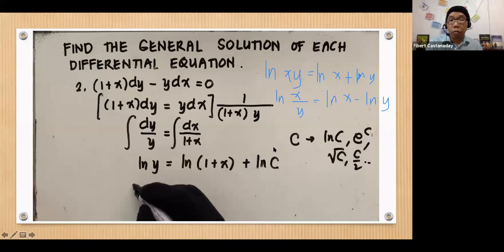What's the point here? For me to be able to eliminate the logarithmic function, we do anti-ln, or anti-natural logarithm. Because when we do anti-ln, for instance, e raised to ln of x becomes x, removing the logarithmic function. Likewise, e raised to ln of y is equal to y. So that's the purpose of making this equation all ln. Okay, so let's proceed.